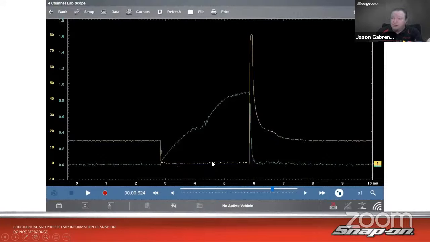It's around about 0. Then from here to here, both sides of this box on this injector, that is the injector on time, the commanded on time. You want to make sure you get that straight, because this is an output from the computer that we're measuring. So from here to here is when the computer is commanding it to be on.